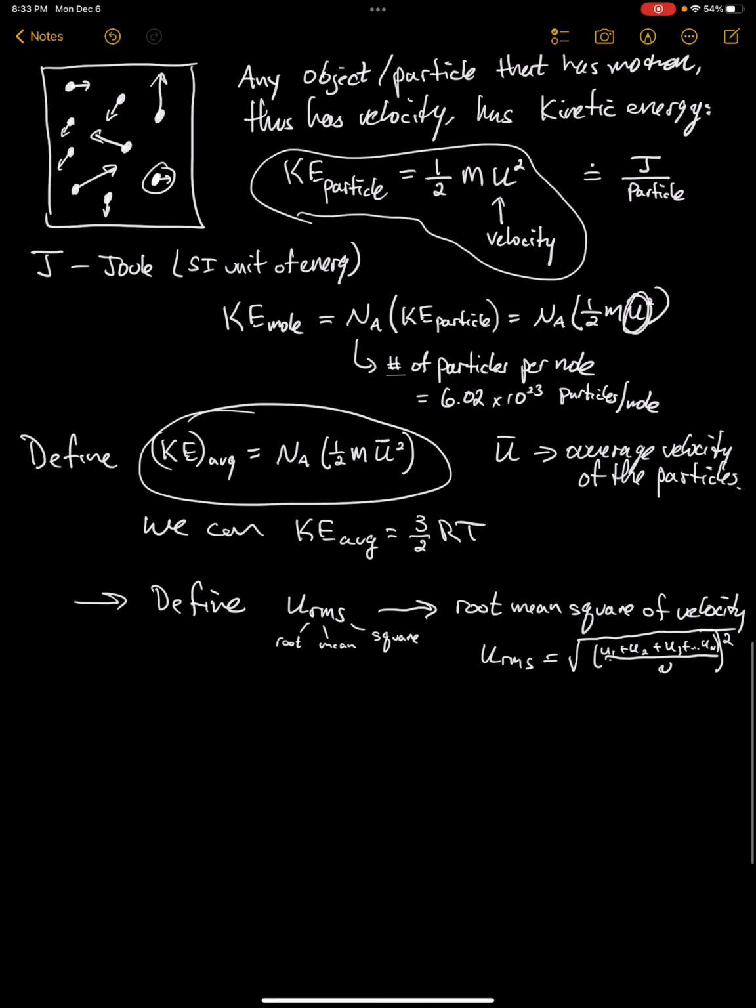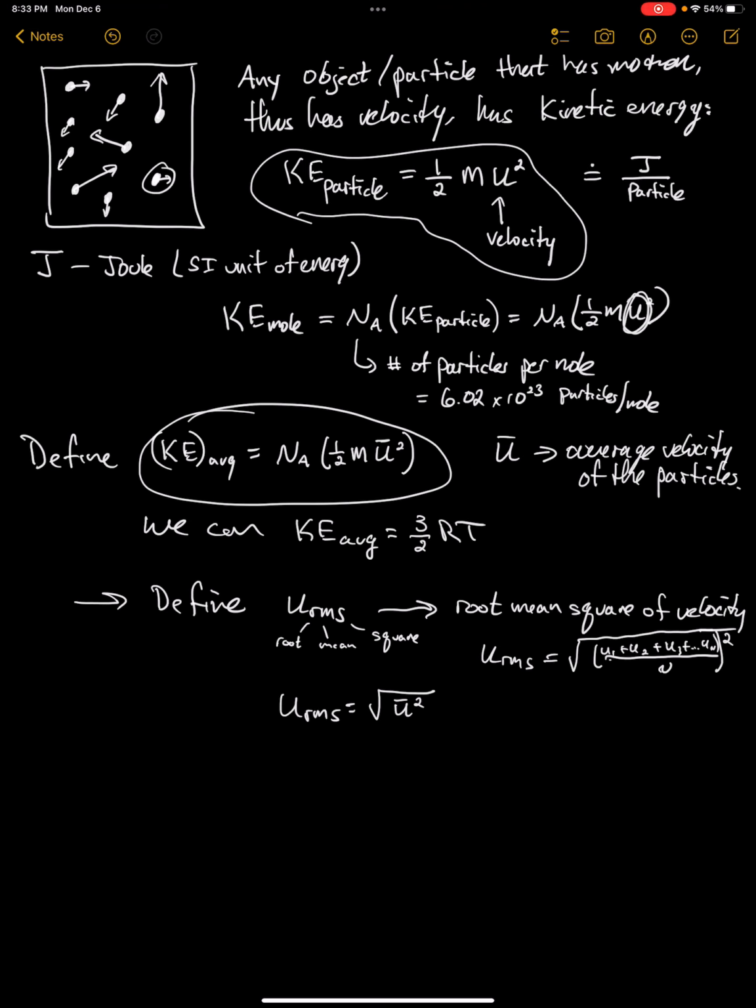Okay, so we can basically shorten this here and say that u_RMS, the root mean square, is equal to the square root of the average of the velocity squared. Okay?